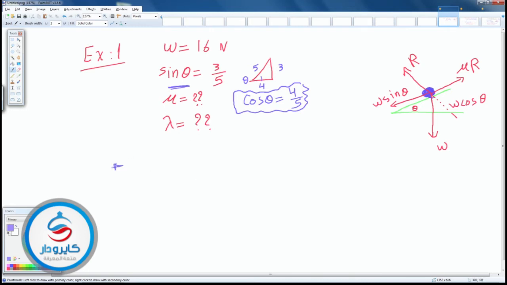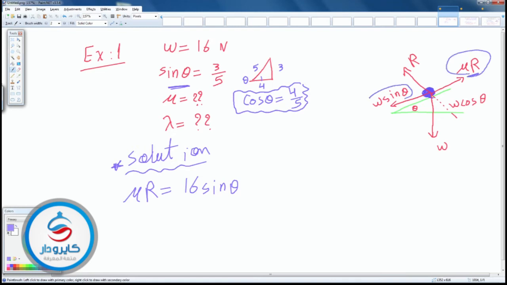So we have to solve now. This is the solution. All the previous steps were the translation of the given problem. Now we have to write down our mathematical equations. Firstly, mu R equals W sine theta, and W is 16, so mu R equals 16 sine theta.